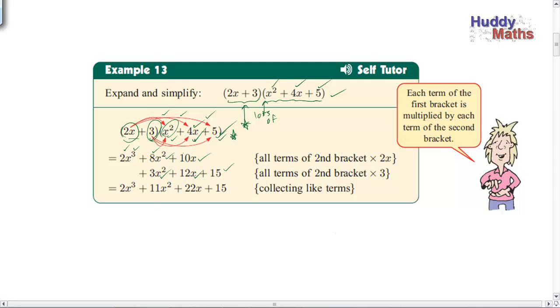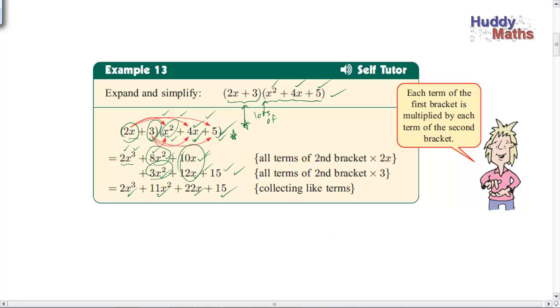Okay, let's now collect up like terms. There's only this one term in x cubed, but x squareds we've got this one and this one. See how the book's placed terms under each other? So the x squareds under each other give 11x squared, and 10x and 12x is 22x, and then the 15 by itself.